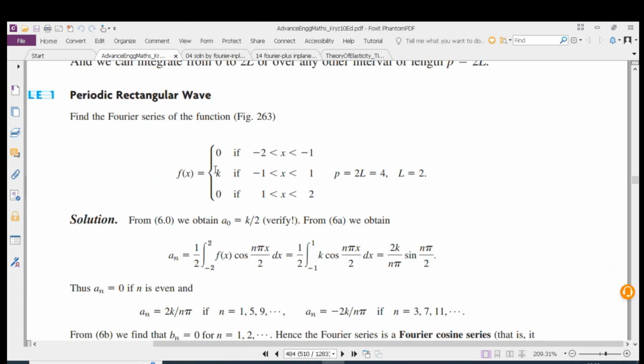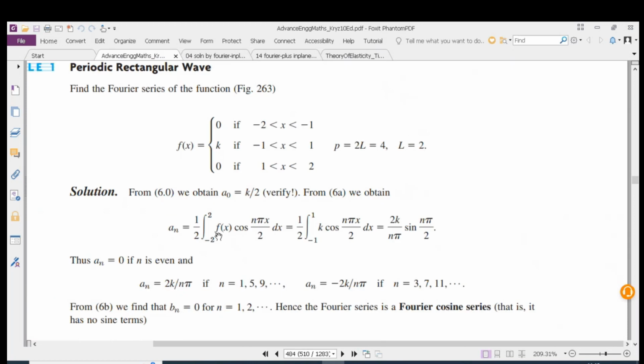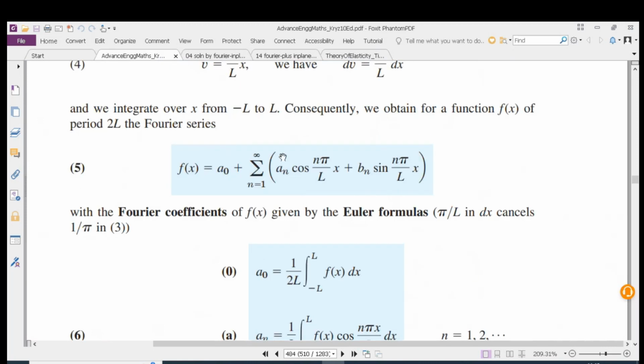We have f of x equal to 0 when x ranges between -2 and -1, f of x equal to k if x ranges between -1 and +1, and f of x equal to 0 if x ranges between 1 and 2. The overall period 2L is equal to 4, as we can see over here, and L is equal to 2. So we can solve this problem by using our full form of Fourier series.